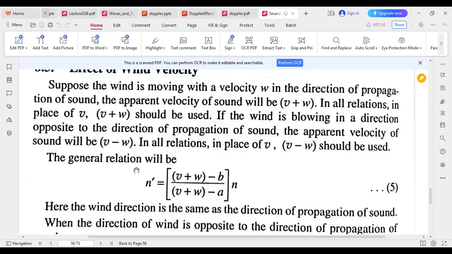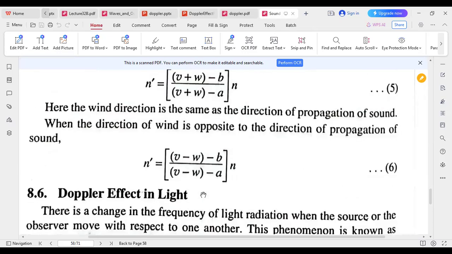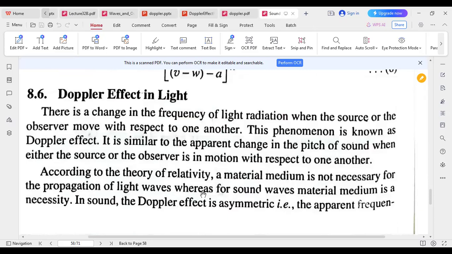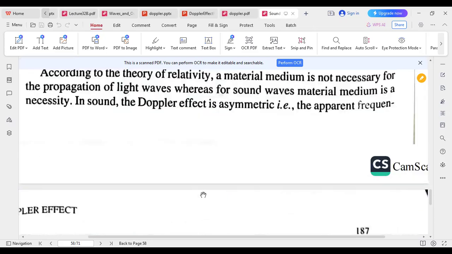The general relation of apparent pitch will be this, v plus w minus b divided by v plus w minus a. So the Doppler effect in light we have discussed in our previous slide.